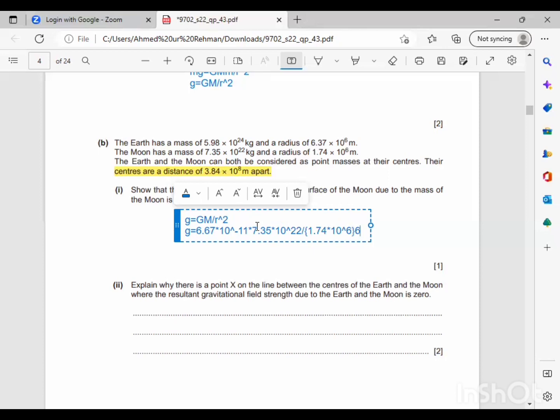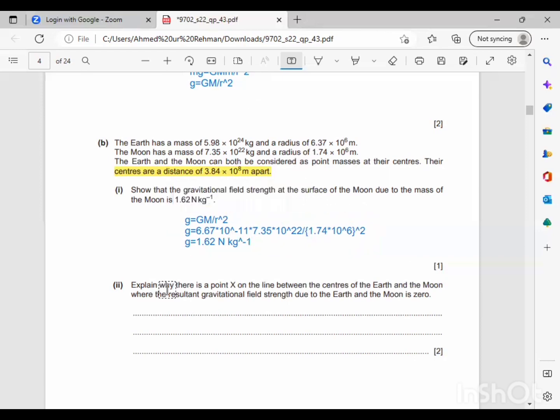When you solve this, you get the answer of 1.62. Don't forget to write the units, Newton per kg. So this is it for this part.